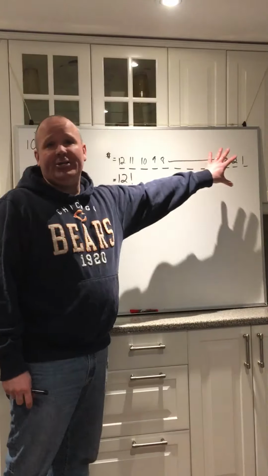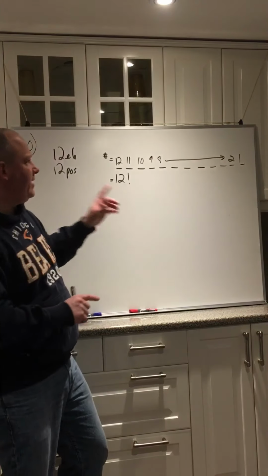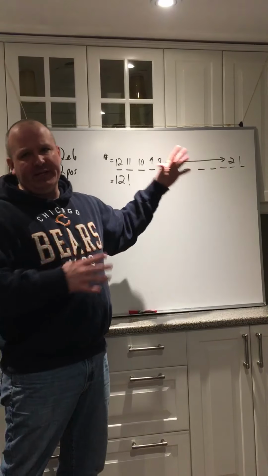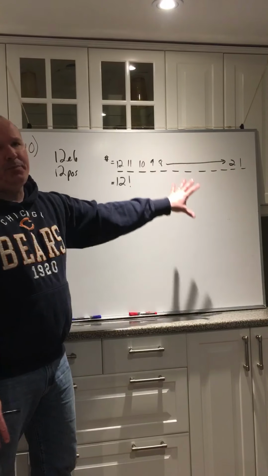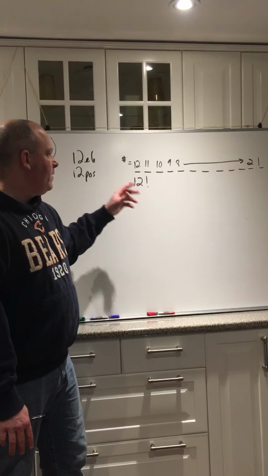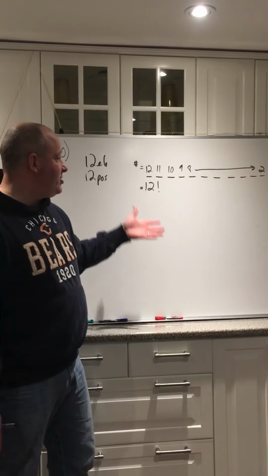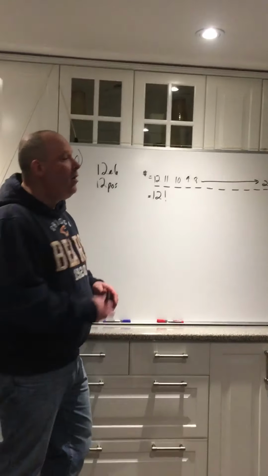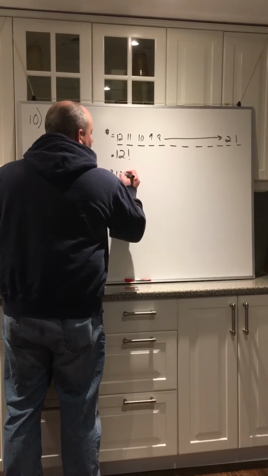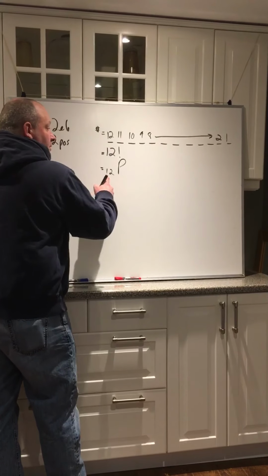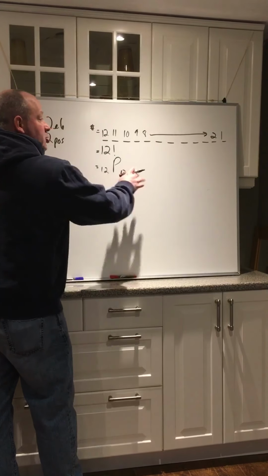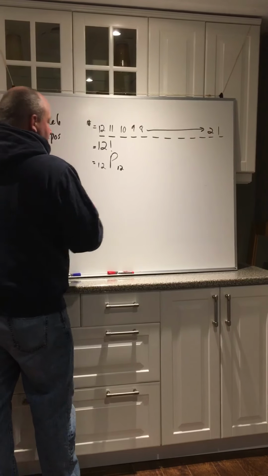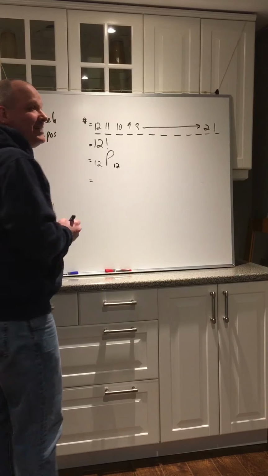This is a really great strategy to use when you're changing things around or saying something can only go here and fixing things in place. So it's a good problem-solving strategy to use in general. But when you have 12 elements in 12 positions, it could just be 12 factorial. Or it could be 12 elements, 12 positions, 12P12. Either way, that's going to come out to a fairly sizable number.